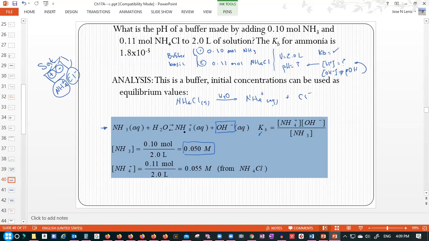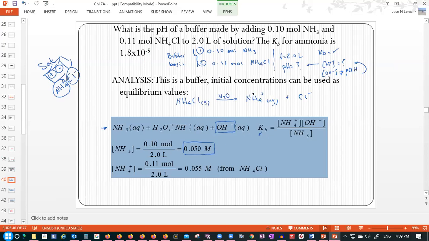Remember, can you predict the extent, the value of that x, knowing that Kb for ammonia is 1.8 times 10 to the negative 5? Yes, you're right, a very small number. So most of the ammonium will come from here. That's why you add it here.